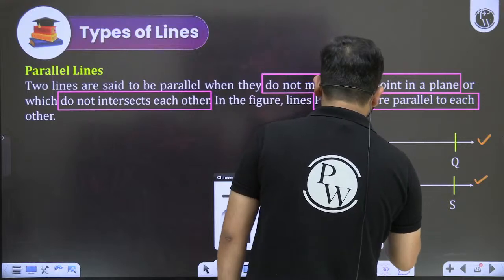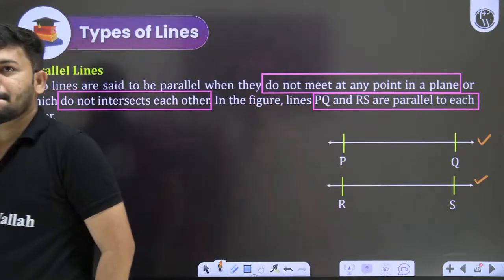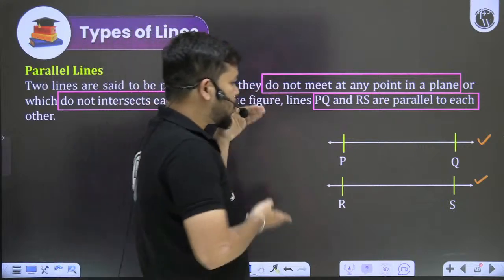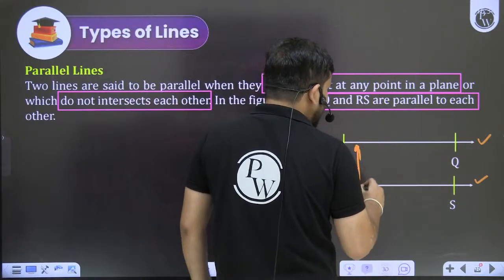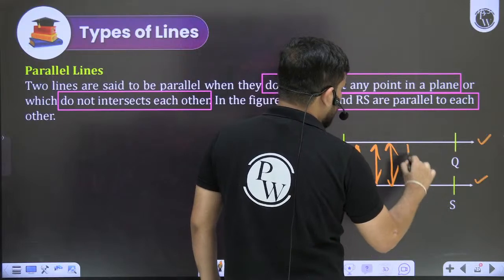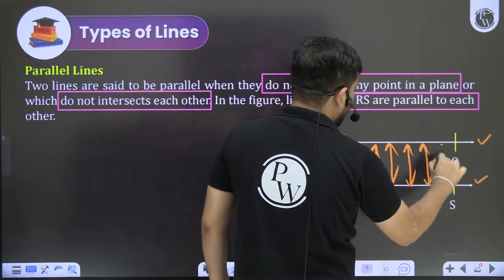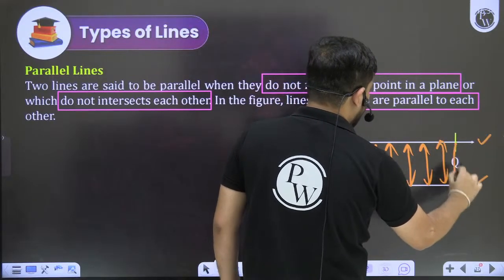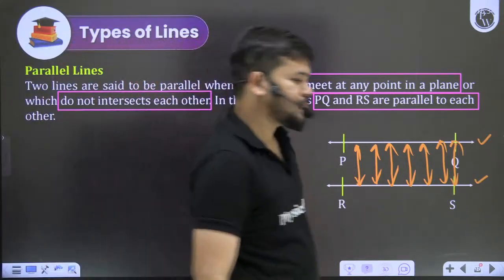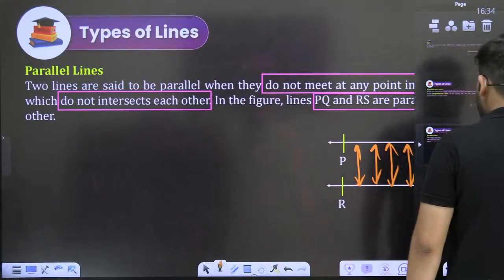These two are parallel to each other. They will never meet at any point of time. You can see the distance between these two lines always remains the same, constant. That is your parallel line.